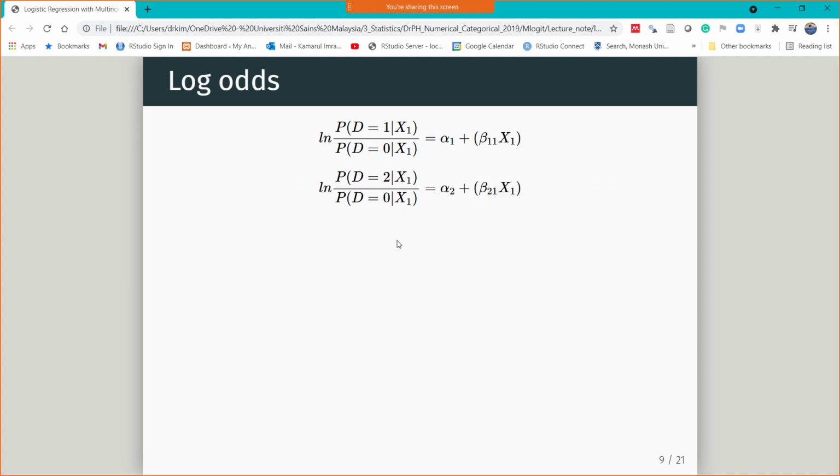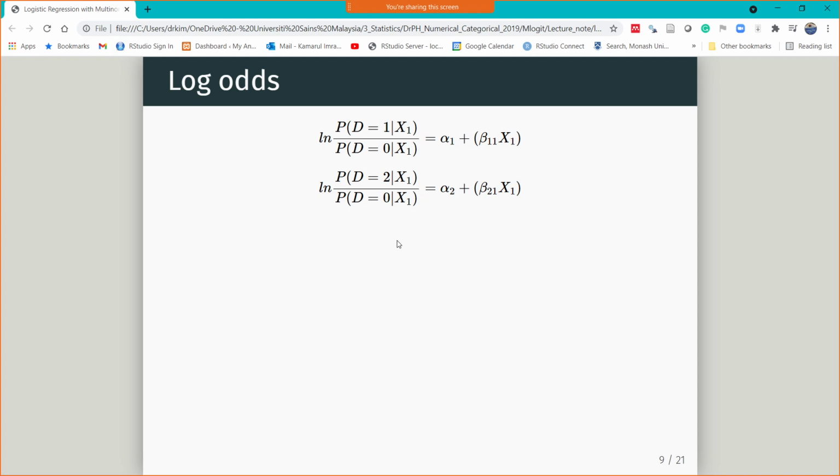This is the log odds of a single multinomial logit model, where we have only one independent variable x1, and in this case we have three categories of outcome: 0, 1, and 2. So in this case the reference category is 0.